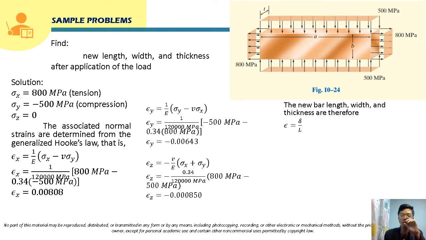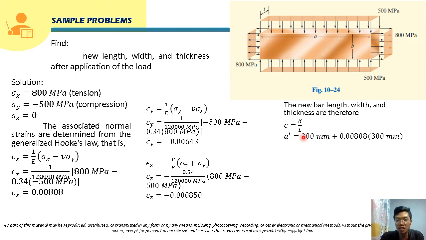The formula is epsilon equals delta over the original length. We already have the values for all the epsilons, so we can now solve for the corresponding deltas, or deformations. The new length A will be denoted by A prime.